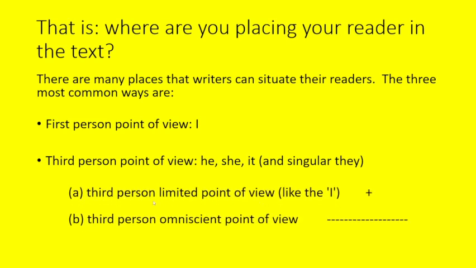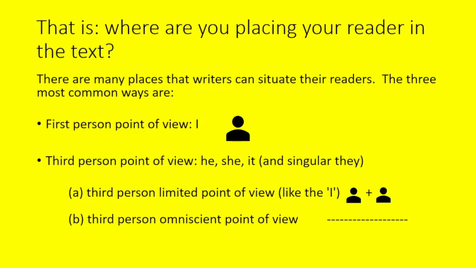Okay. There are two ways of splitting up this third person point of view. The first is called a limited point of view. This is where you place your reader right next to or inside your character.